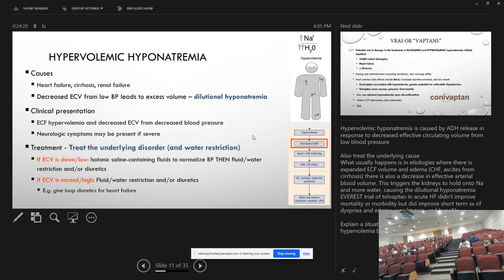They may have decreased effective circulating volume. So it depends on their physical exam and blood pressure. Again, neurologic symptoms may be present if severe hyponatremia. But basically in this patient, you want to treat the underlying cause, right? So if it's congestive heart failure, you're going to treat that cause.